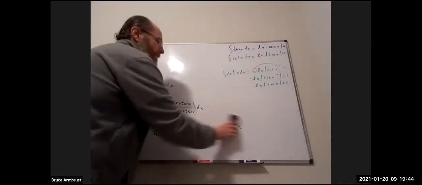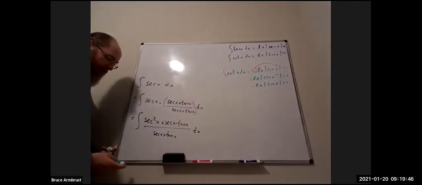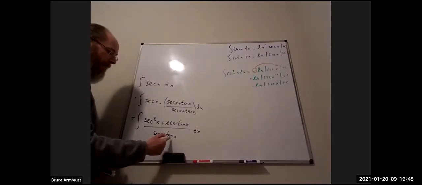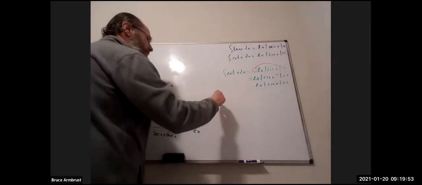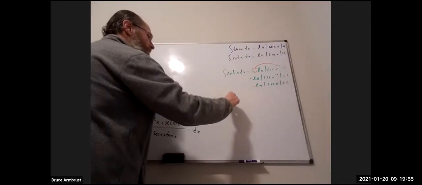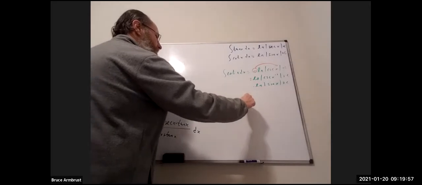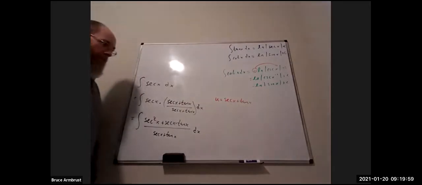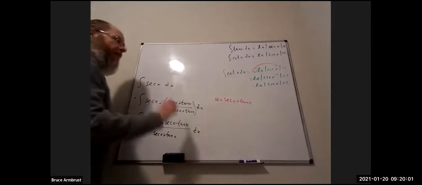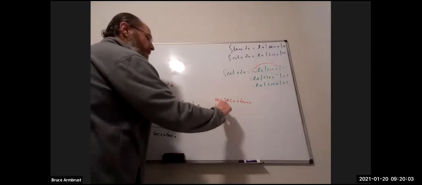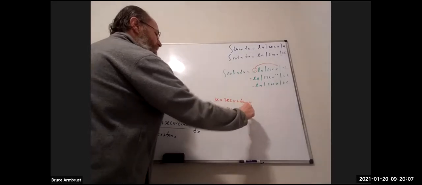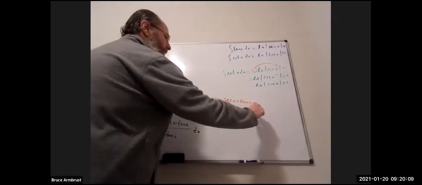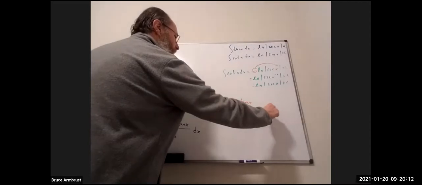But here's where the magic comes in. Now, let's let that bottom be u. So I'm going to let u equal secant plus tangent. If I differentiate that, the derivative of secant is secant tangent, and the derivative of tangent is secant squared.